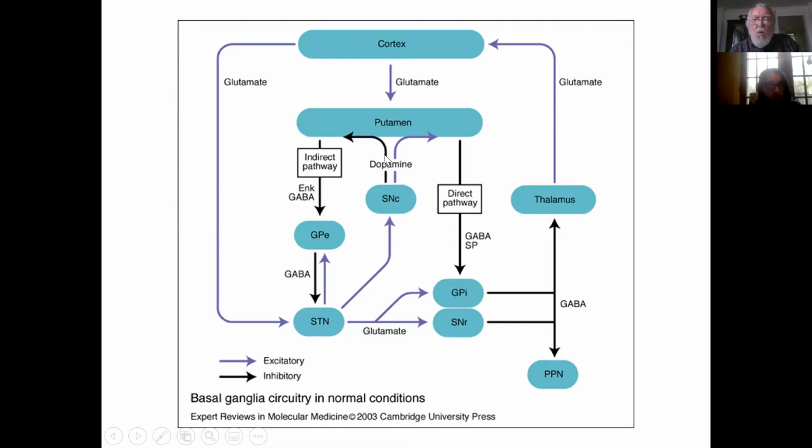Whereas when dopamine is working through D2 receptors through the indirect pathway, you're inhibiting an inhibitory pathway, which now does what? It now makes the globus pallidus zona externa have a greater effect.